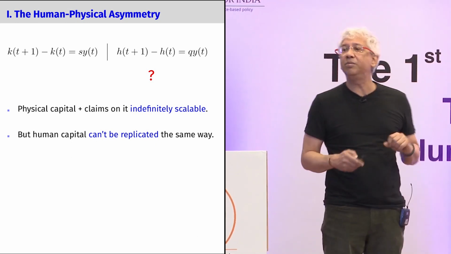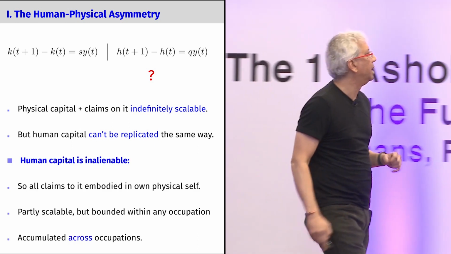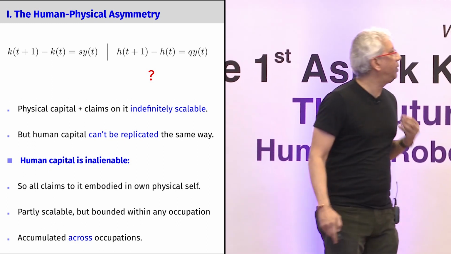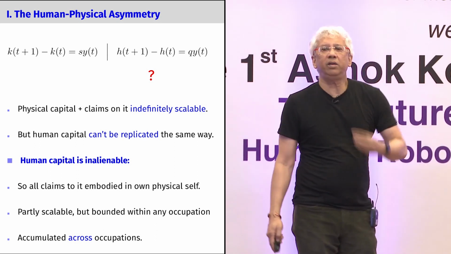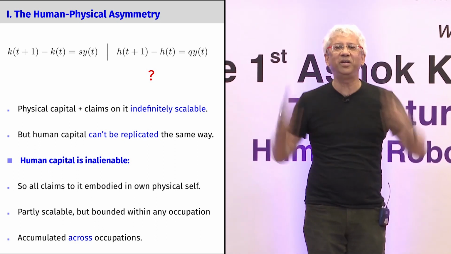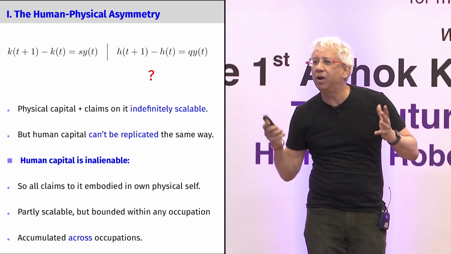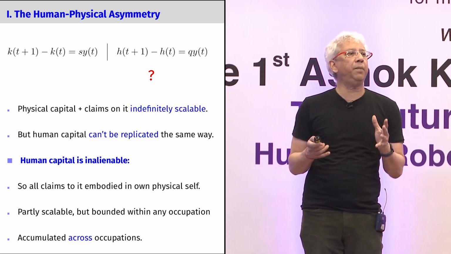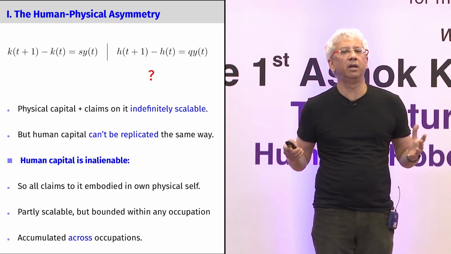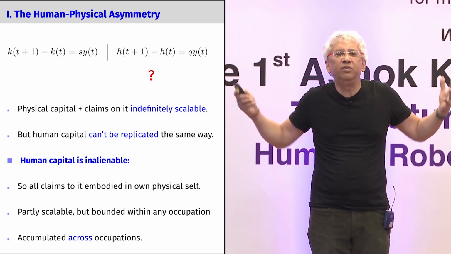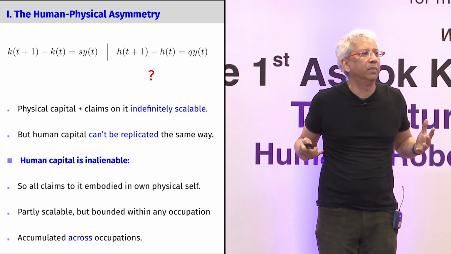So this is the asymmetry that I want to try and capture. Human capital is inalienable, and because it's inalienable, all claims to it have to be embodied in one body. It has to be embodied in one body, and then you can move around and do things with it. Whereas physical capital is alienable, and we can put in more machines, we can own more machines, there's no problem.